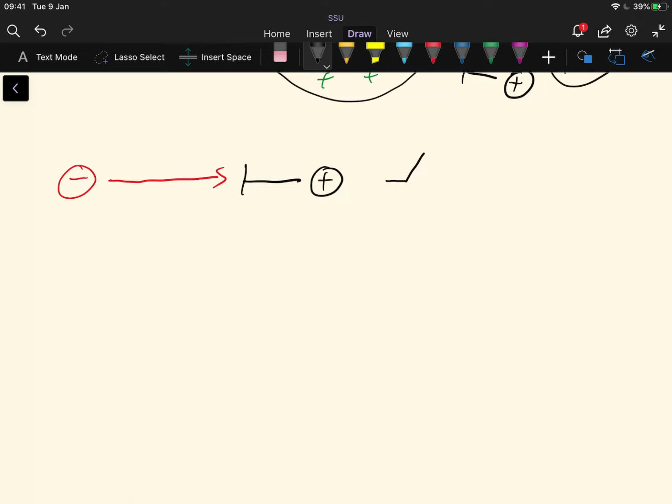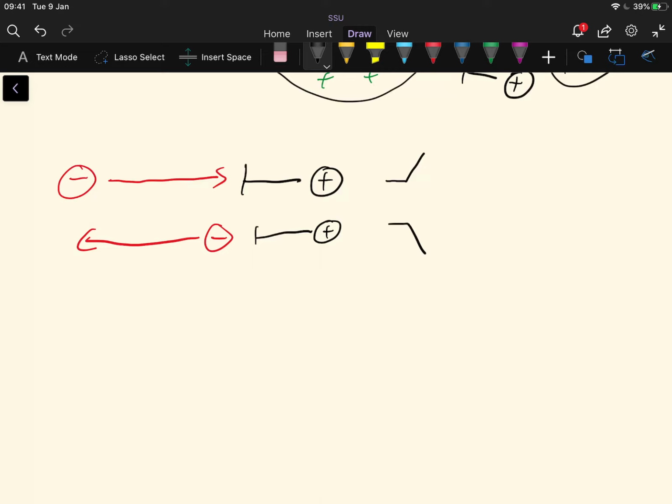That gives us an upstroke. Whereas if the negative charge moves away from a positive lead, we have a loss of that signal, so we get a downstroke.